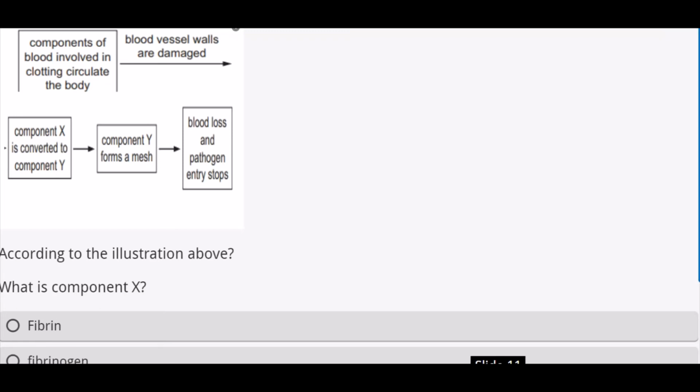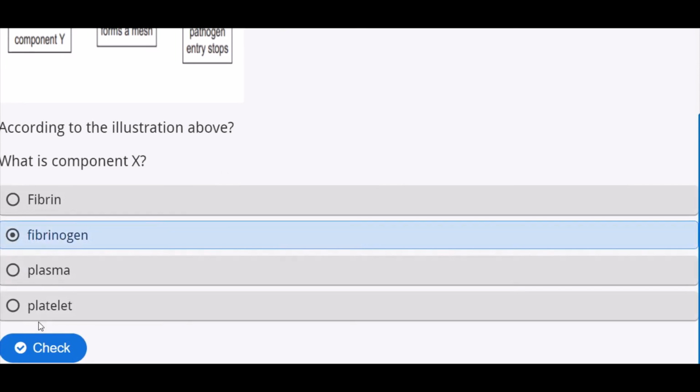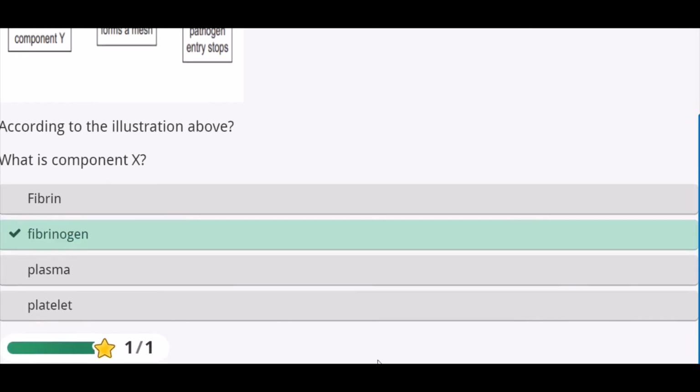Blood loss and pathogen entry stops. So according to the illustration above, we have to find out what X is. Component X is converted to component Y. That will be fibrinogen converted to fibrin. So X is fibrinogen. Let's check. Correct.